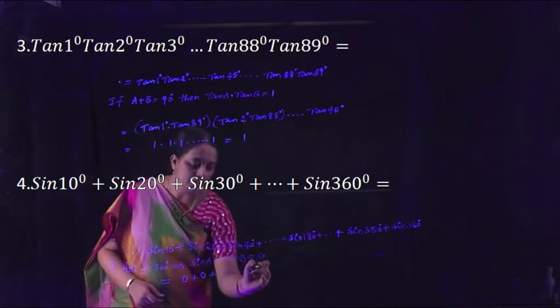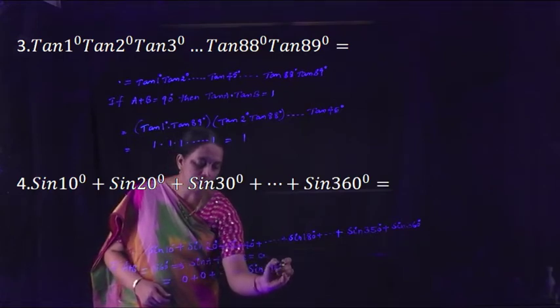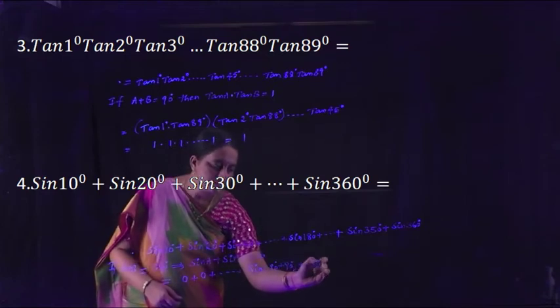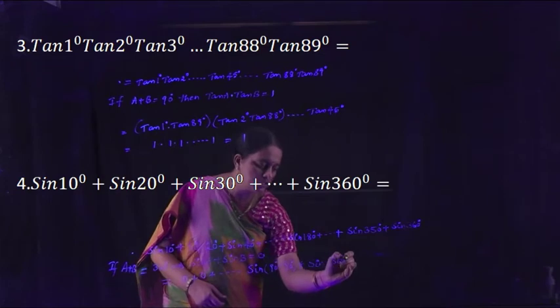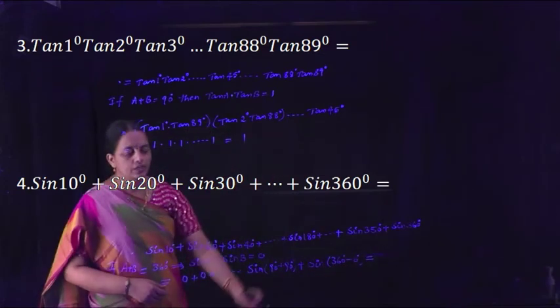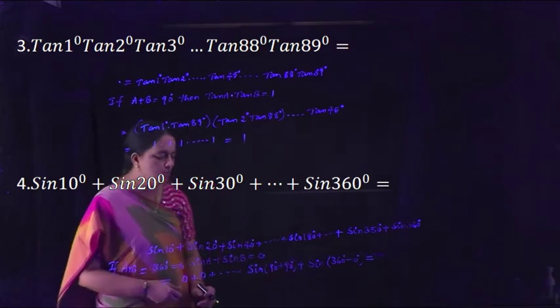Sin 180 degrees means sin of 90 plus 90, plus sin 360 means sin of 360 minus 0. So 90 plus theta lies in the second quadrant. In the second quadrant, sine has a positive sign.